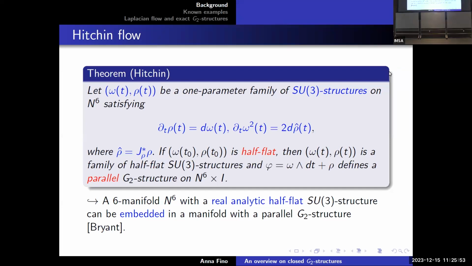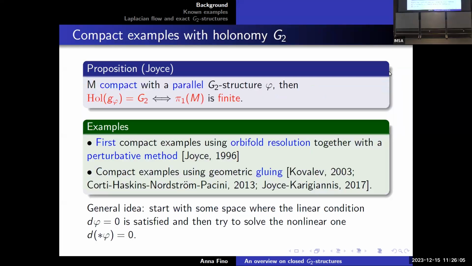We know also that oriented hypersurfaces inside a 7-manifold with parallel G2 structure have such type of SU(3) structure. Let's go now to the compact examples with holonomy G2.